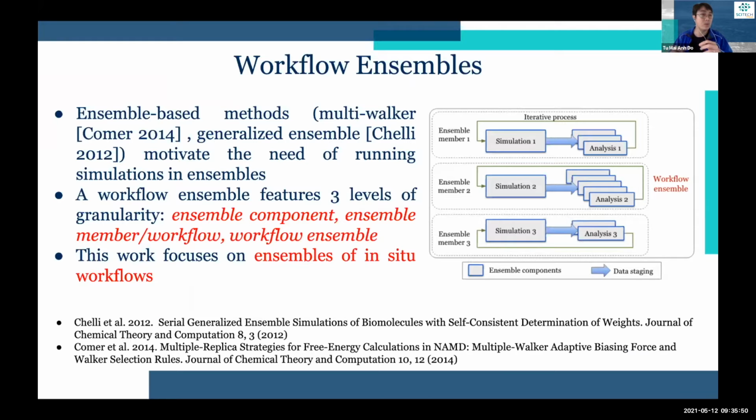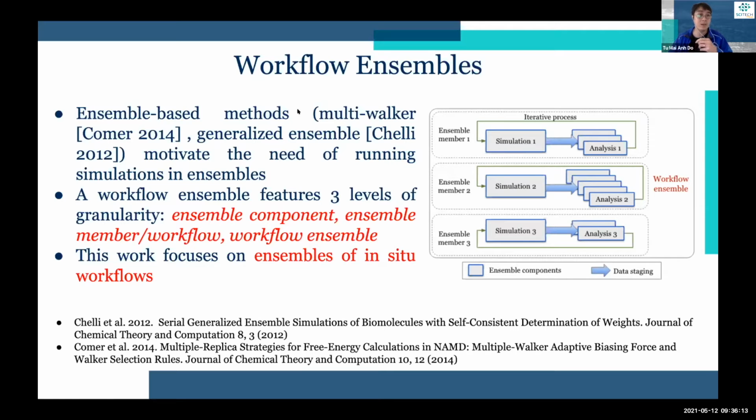That is the reason why recently we have several ensemble-based methods, and I can list a few here, for example, multi-walkers or generalized ensemble. And these ensemble-based methods actually motivate the need to run multiple simulations in ensembles.